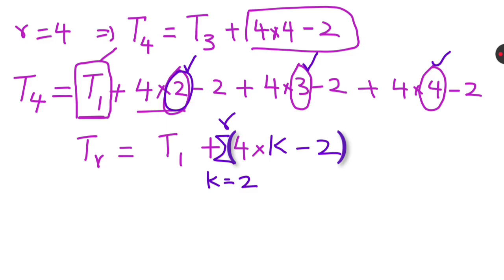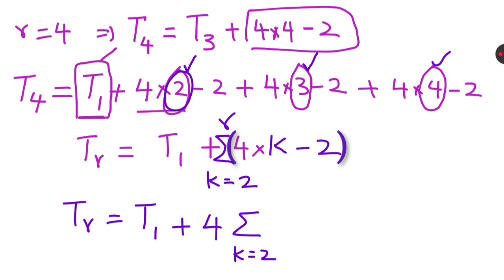So now we have to take this general term and try to find the value of S10. tr equal to t1 plus summation k equal to 2 to r of 4k minus 2. First write 4k. Here in 4k, 4 is a constant, so just write 4 in front, then summation k equal to 2 to r of k. Minus 2 is also a constant, so just write summation k equal to 2 to r of 1.